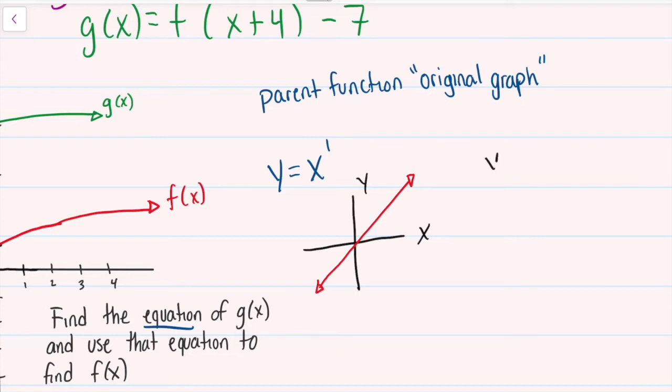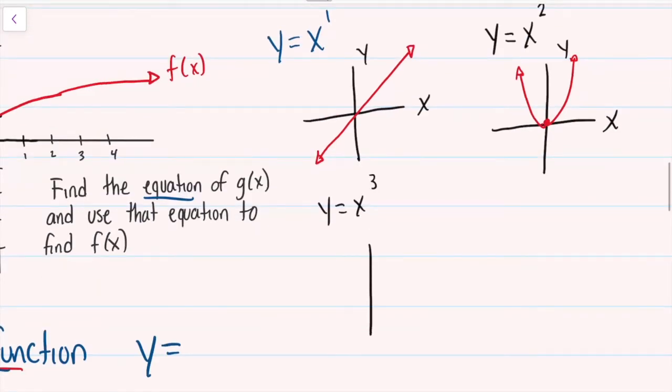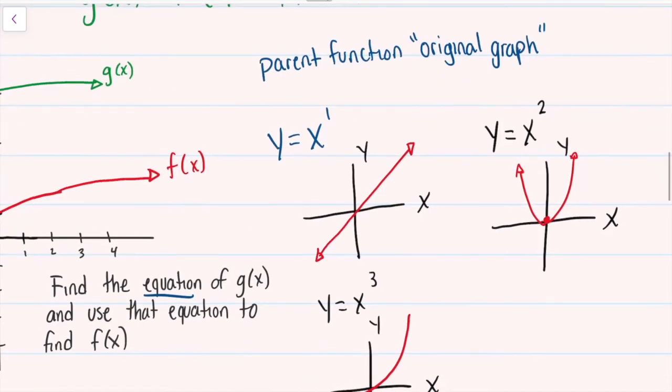If I were to give you the quadratic, y equals x squared, that's the original for x to the power of 2. That's basically when it crosses through 0, it's a parabola going up. For x to the power of 3, y equals x cubed, the parent function is still crossing through 0, but it's crossing it like an s. So basically, the parent function is the equation that has actually no numbers except for the exponent.